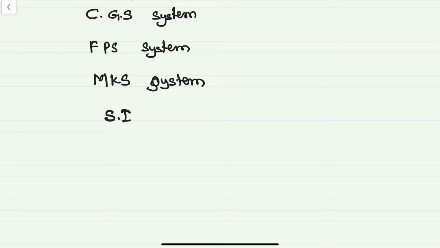What does the CGS system refer to? Here the CGS system refers to centimeter, gram, second. FPS stands for foot, pound, second.